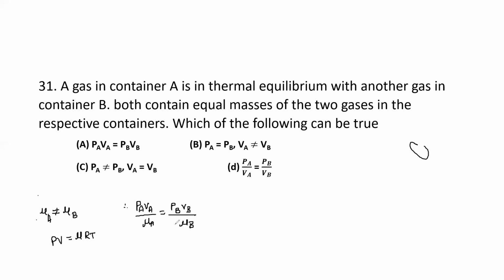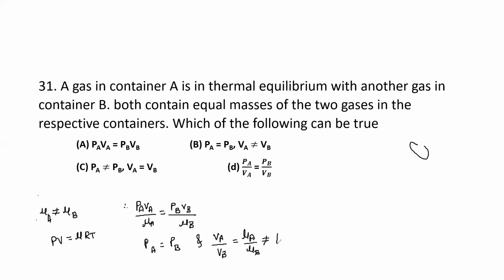So from this relation, what we can see? We can see that PA is equal to PB and VA divided by VB is equal to mu A divided by mu B.